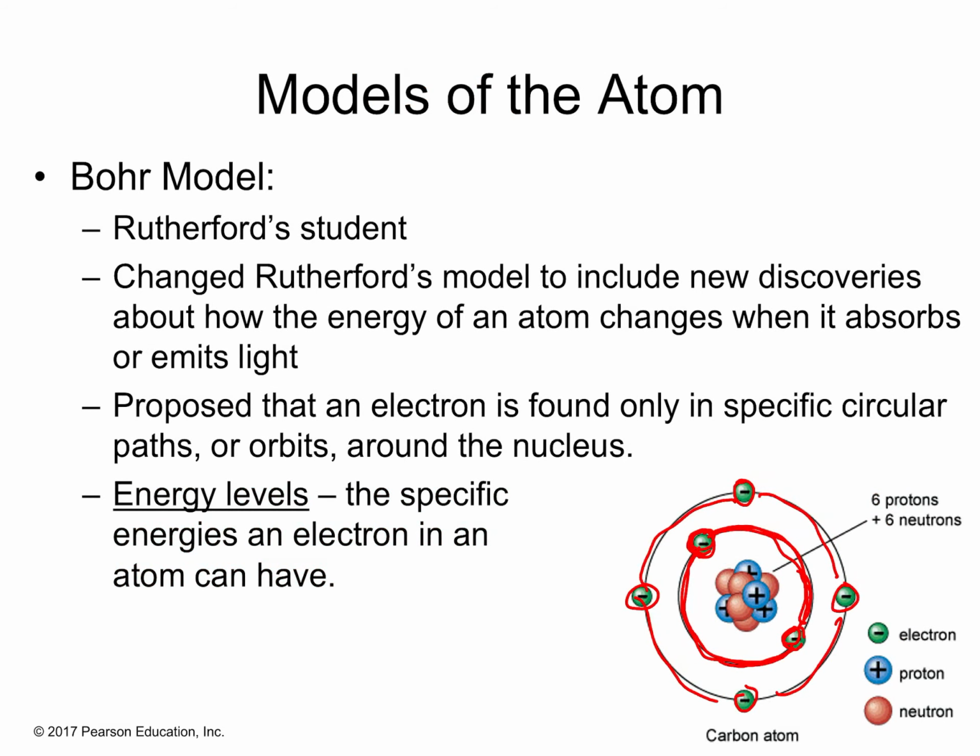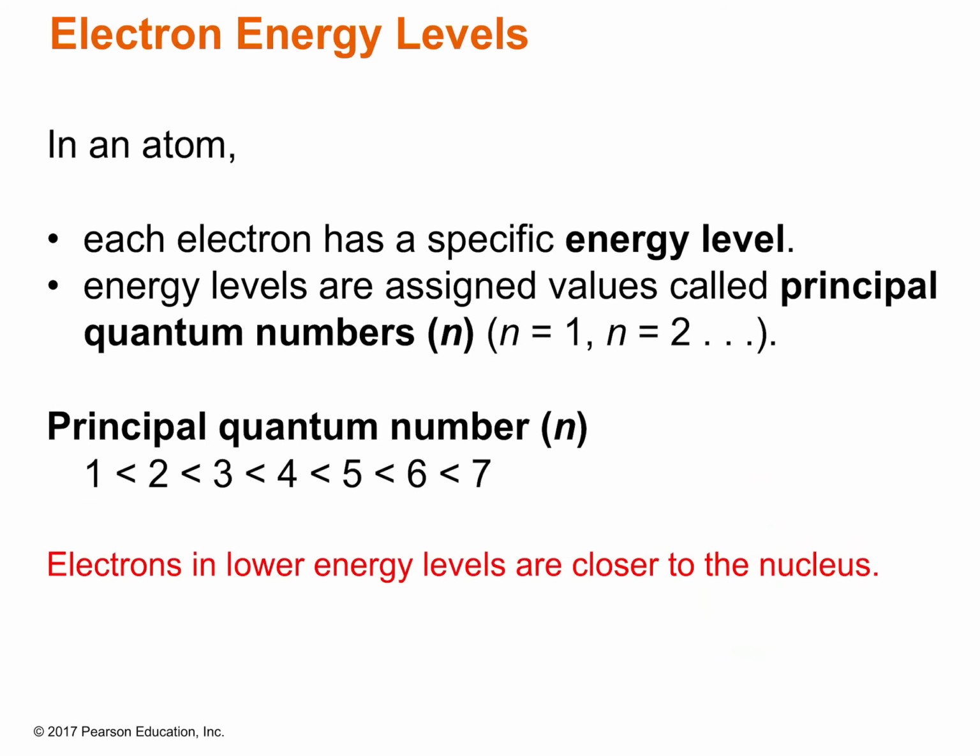And the way that we denote this is by whole numbers. So anything on here will typically be energy level 1. The next one out will be energy level 2, and so on and so forth. So these are called principal quantum numbers, if you see them in your book. We'll mostly just call them energy levels in this class, but if you see the term principal quantum number, that's what it's referring to.